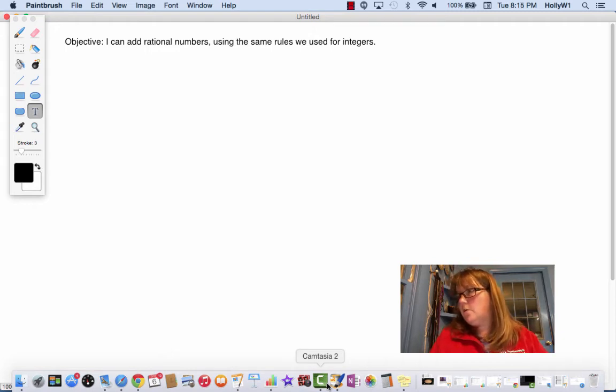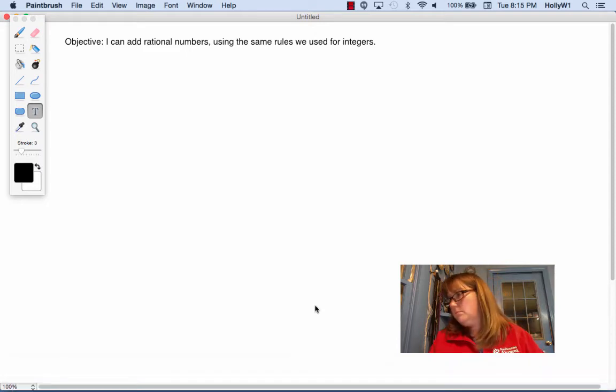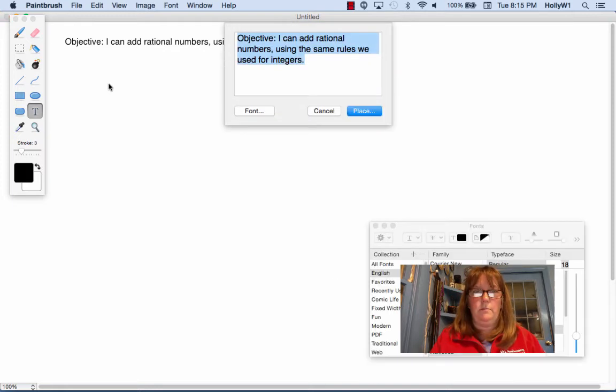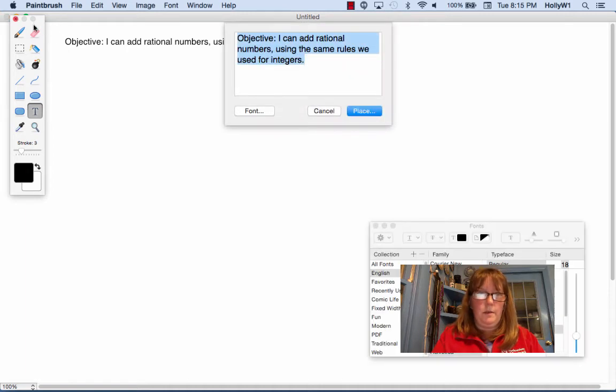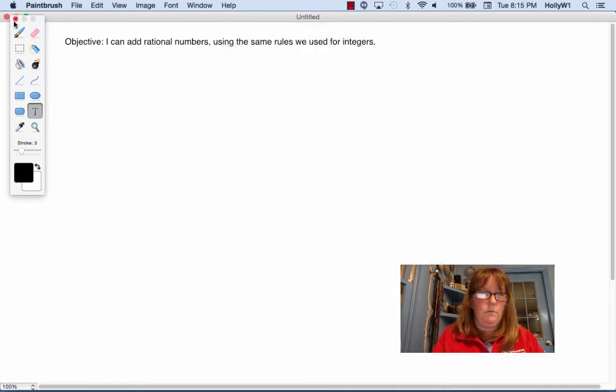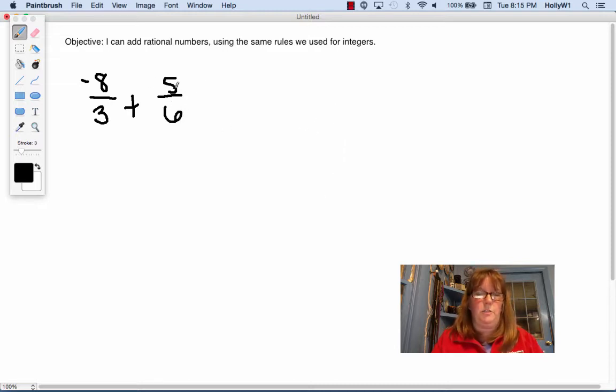We're going to start with adding rational numbers, with negative 8 thirds plus 5/6. So this is sort of a switch. We're switching from the decimals to the fractions.